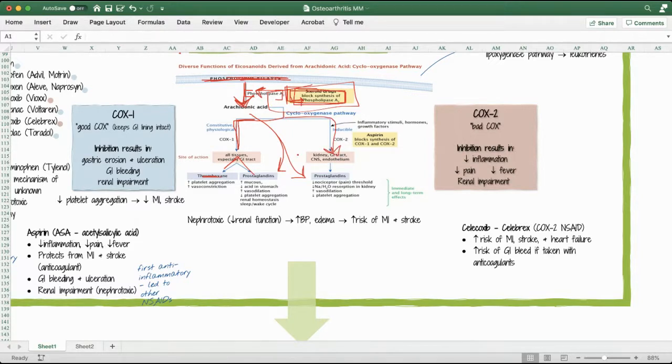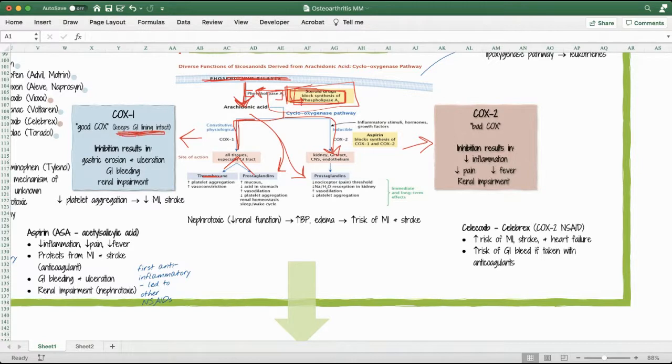Both of them work to break up arachidonic acid into prostaglandin. I really like how Christine explained this, I think in one of her slides, by calling COX-1 the good COX and COX-2 the bad COX. I've never heard it explained like that before, but it's very helpful. So if you can remember that, COX-1 keeps your GI lining intact.